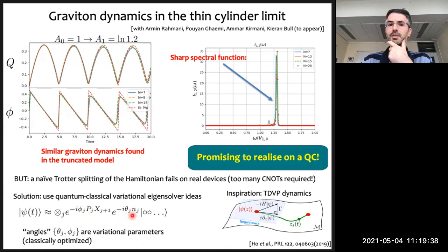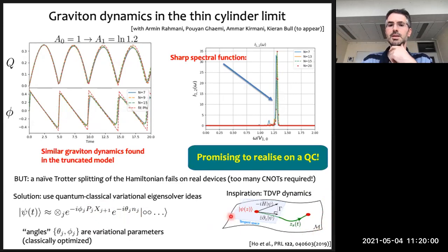The particular ansatz that we use in this case is a combination of these gates, which are essentially simple Z rotations, and then this control Rx gate. The reason why we use these gates is quite interesting, but I don't have the time to really talk about it.